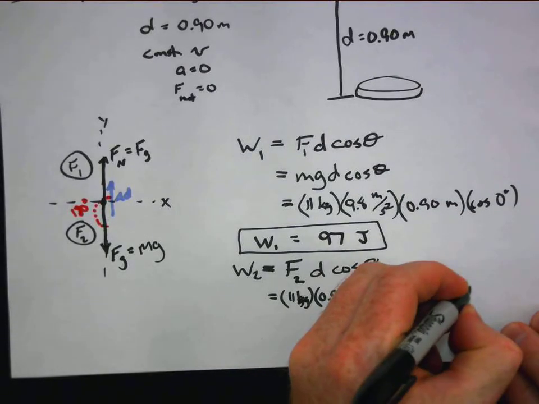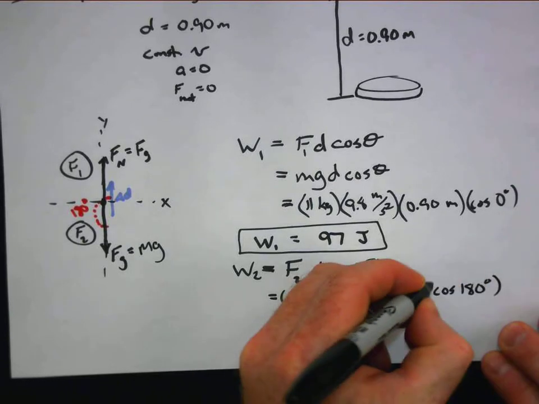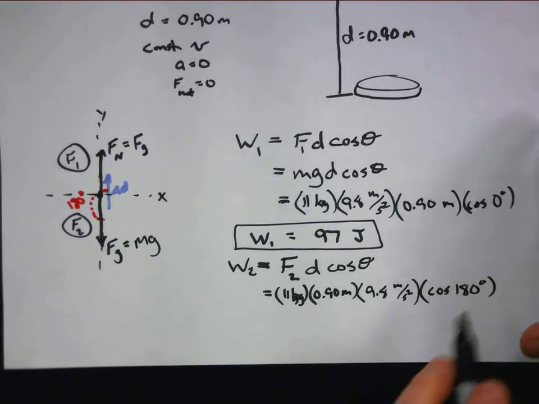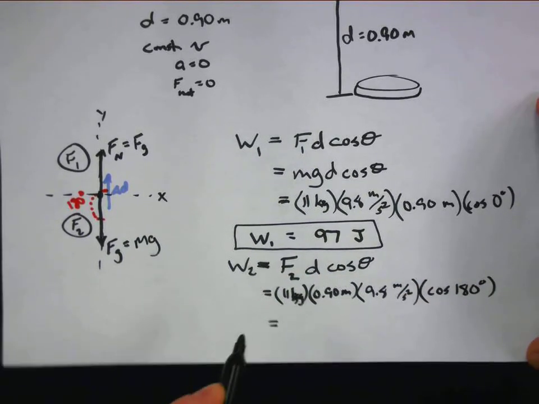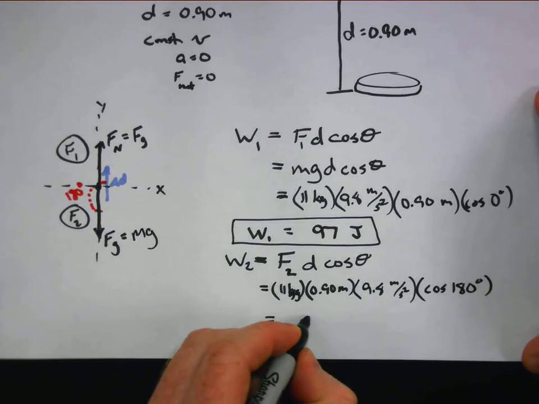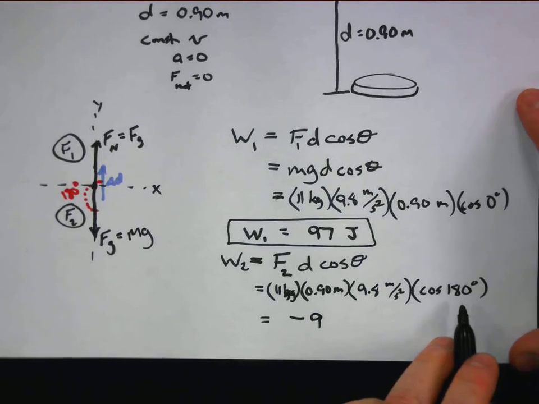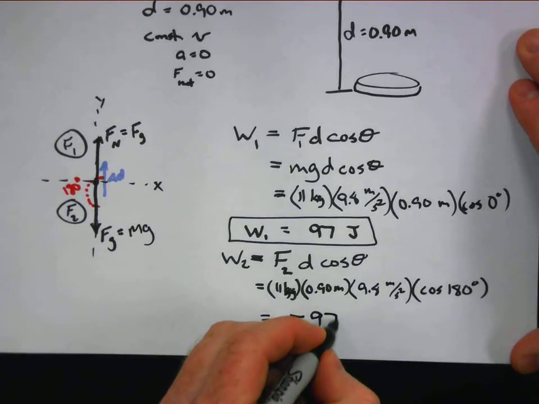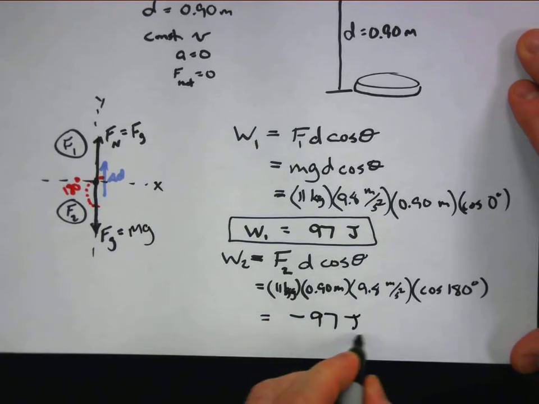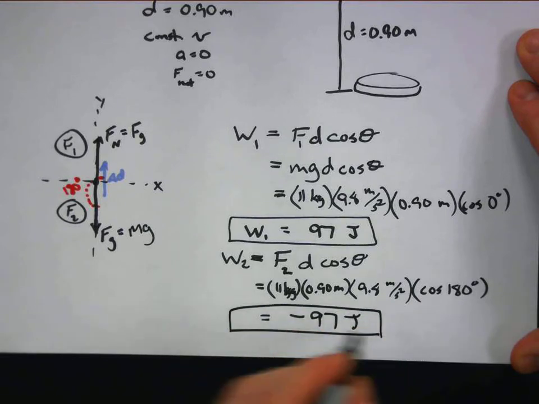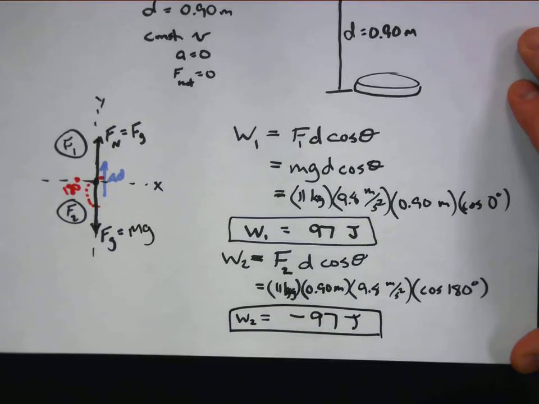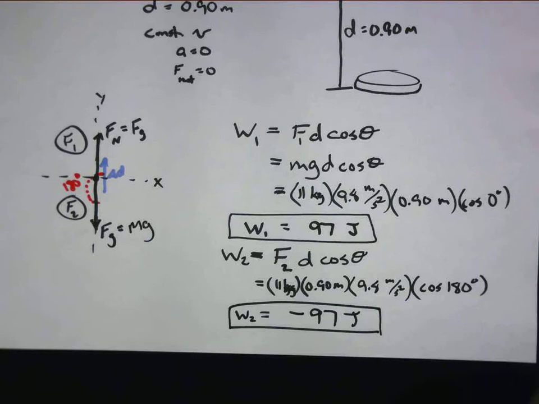That totally matters. That's going to change the answer here. It's not going to change the number, but it turns out it puts a negative sign in front of it. Cosine of 180 turns out to be -1. So I still get a number of 97, but it's -97 joules of work done by force 2. Well, that's interesting.